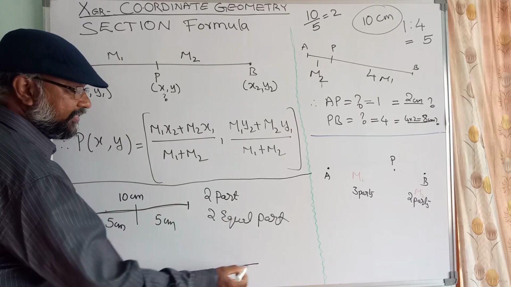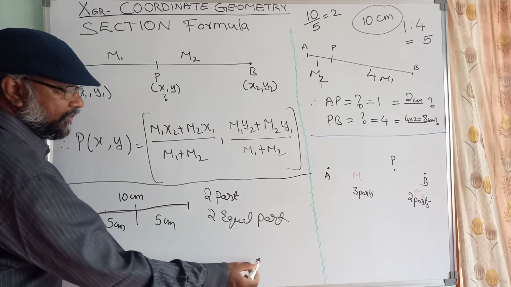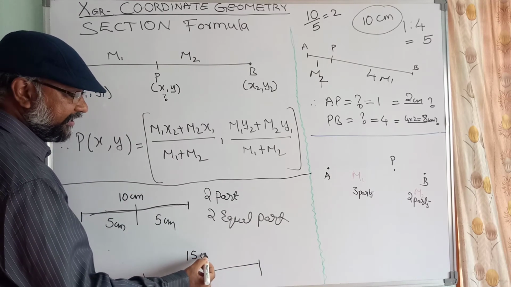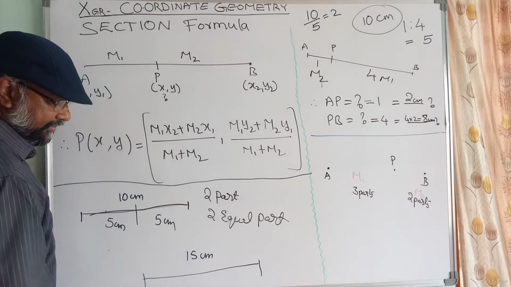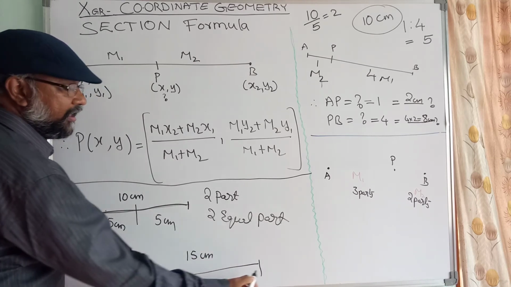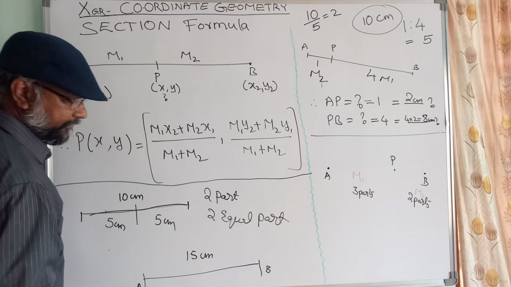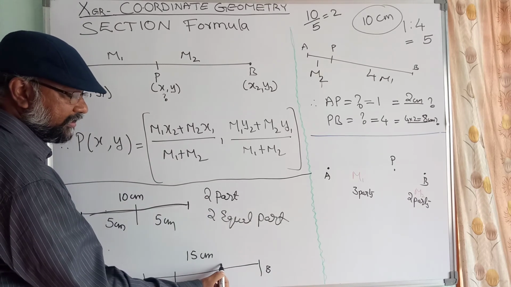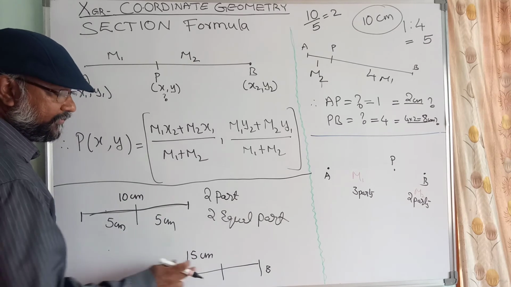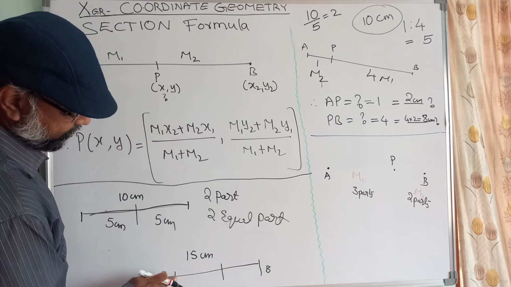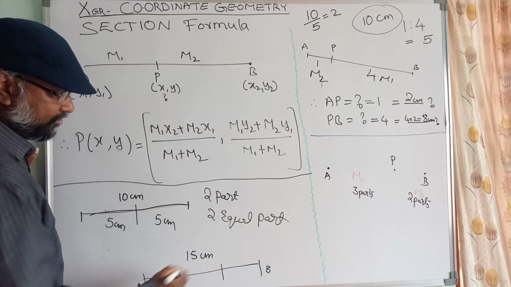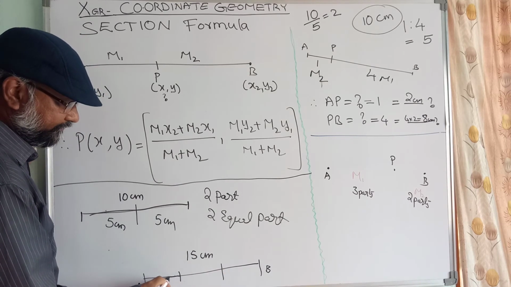Now there is another one. Here this is a 15 centimeter length. Here we have A, here we have B, and here we have two points dividing it into 3 equal parts.